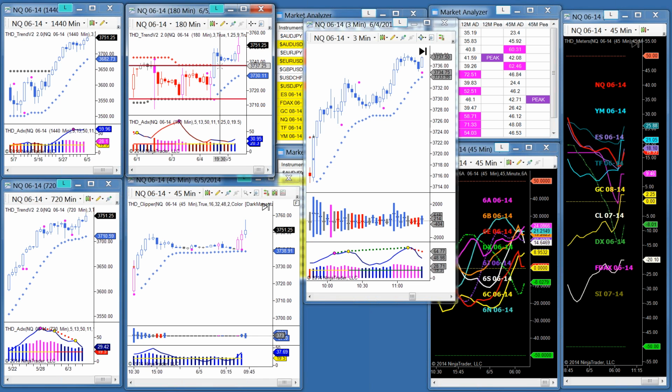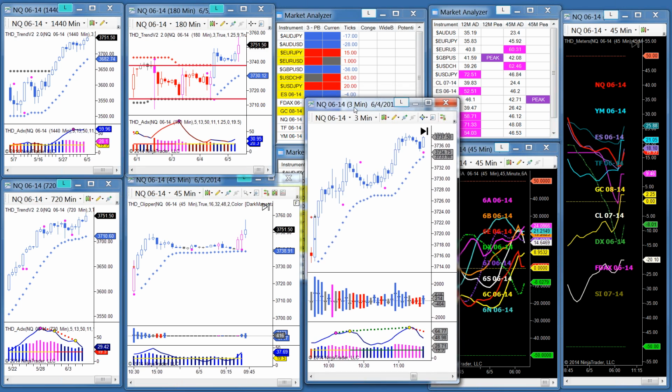If you try to trend trade this congestion area, and I've got the best congestion identifier of anything that's on the market, I'll tell you that right up front. It's not being conceited, it's just stating fact. This outlines it for you. But let's say that you're not using it, you can't identify really whether this is in congestion because you're down here just using a little 3 and a 45-minute chart.